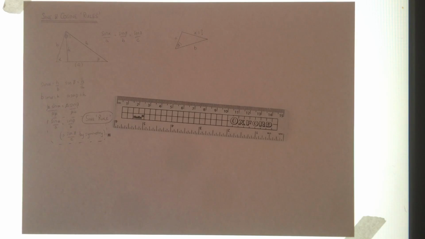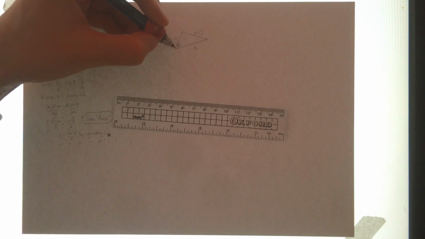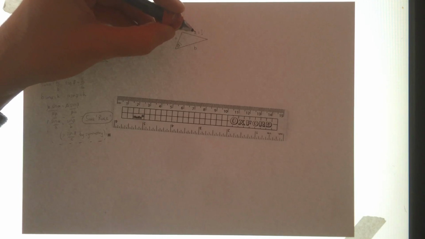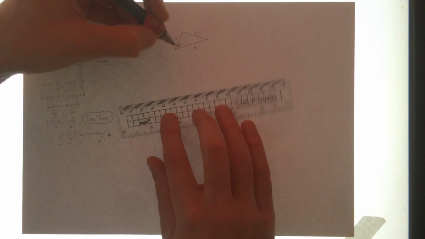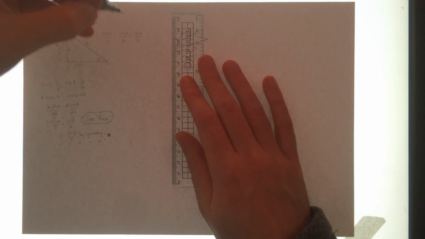This is going to be the cosine rule. This is how we motivate it. So you've got two sides of a triangle and you've got the angle between them, and you need the other side's length. So the nicest way to prove it is using vectors.